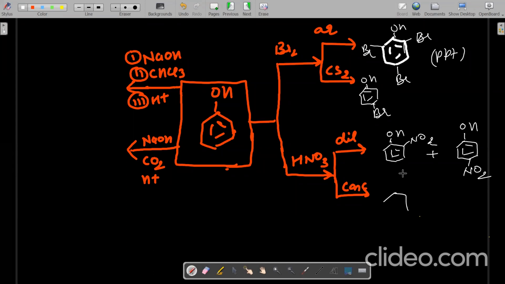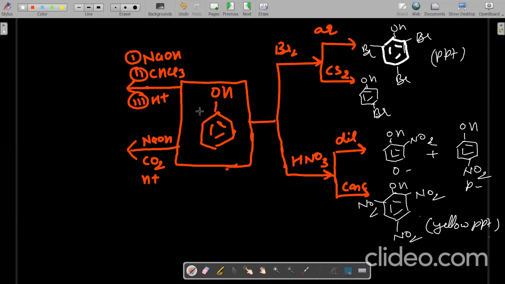Which one is more steam volatile, ortho or para? Ortho-nitrophenol is more steam volatile because of its low boiling point, right? And with concentrated HNO3 the product is picric acid, which is a yellow crystalline substance.